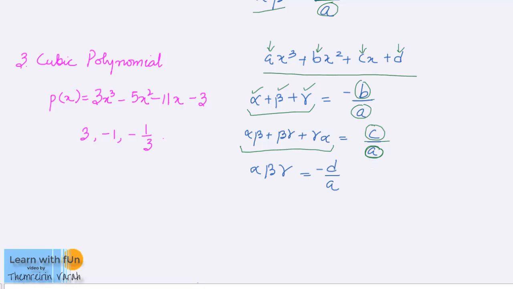The product of the zeros, alpha into beta into gamma, will be negative of the constant term d upon the coefficient of x cube, which is a. So alpha into beta into gamma equals minus d by a in a cubic polynomial.